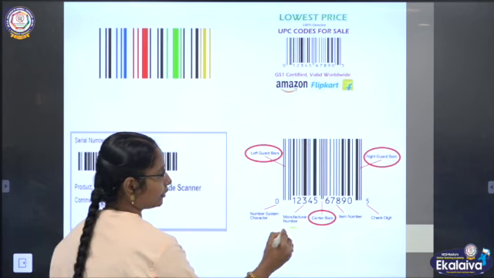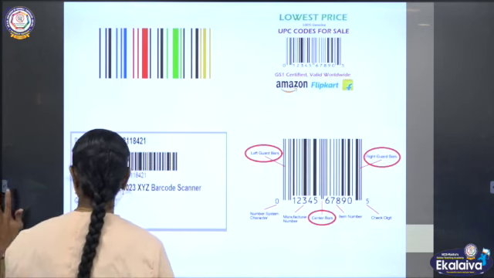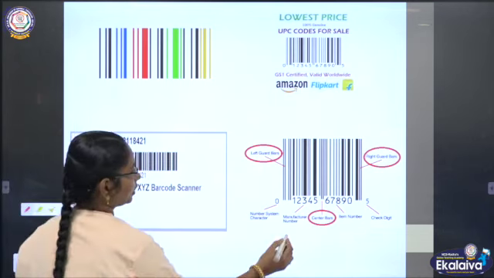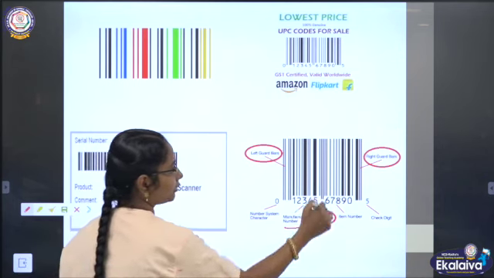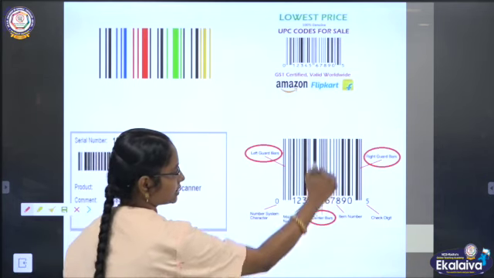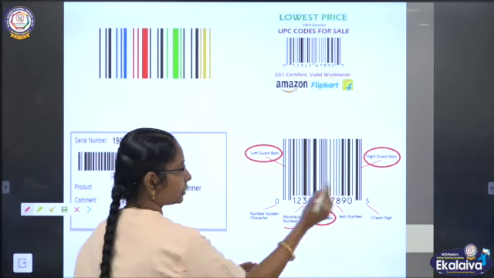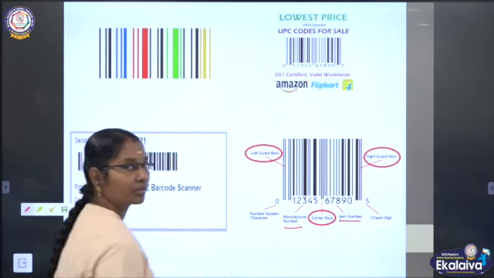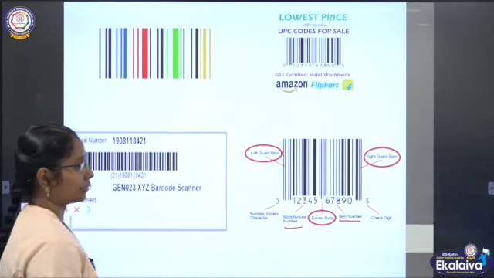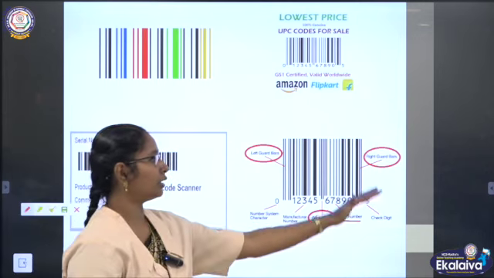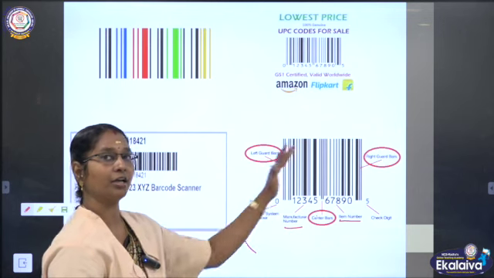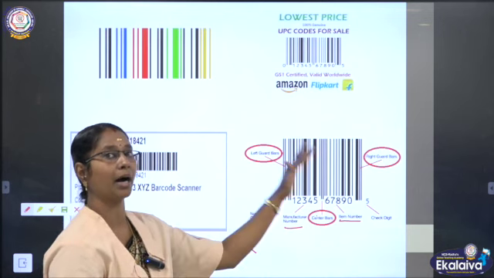Here this is the manufacturer number, and here we have the central bars, to identify which is the manufacturer number and which is the item number, the product number. So through this we can detect each and every product. So this is called a barcode.